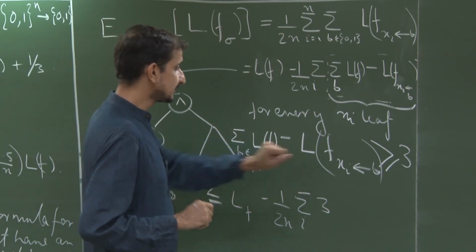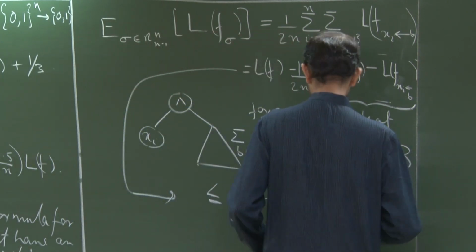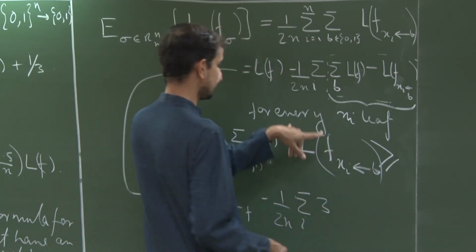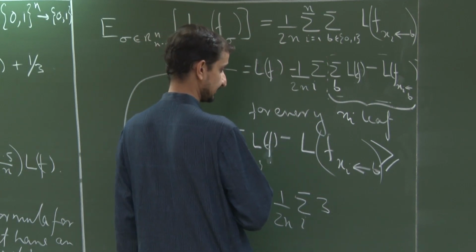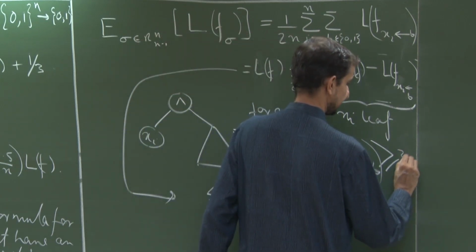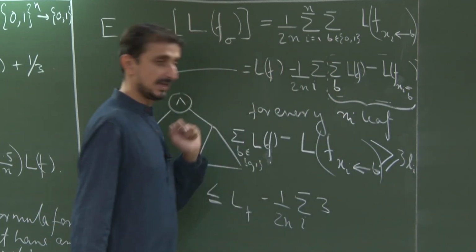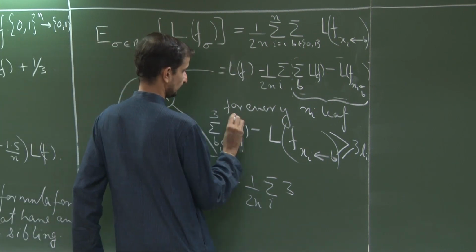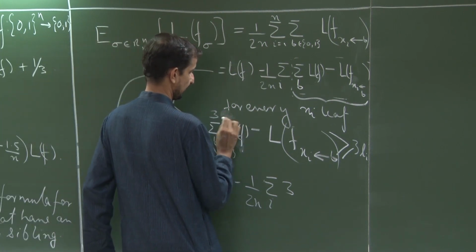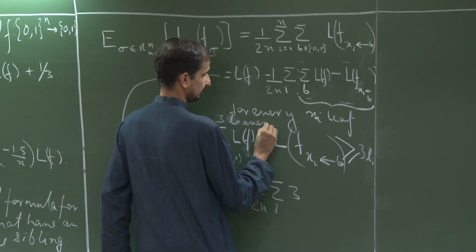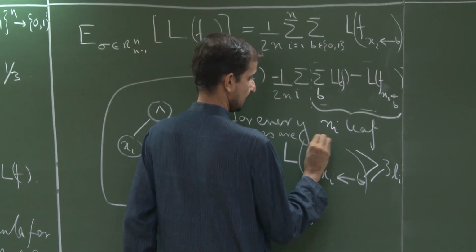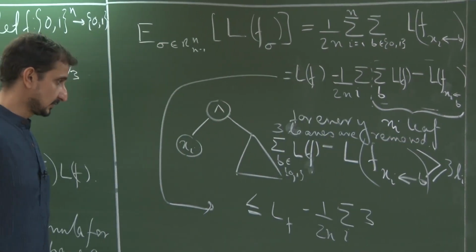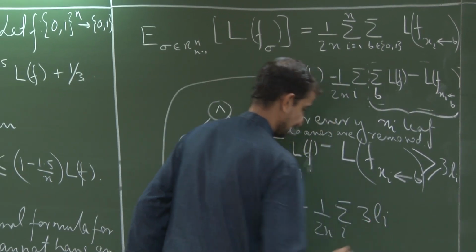It is not just 3, it is actually 3 times Li. For every xi leaf, 3 leaves are removed, so this will be 3 times the number of times xi is present. So, I will have 3 times Li.